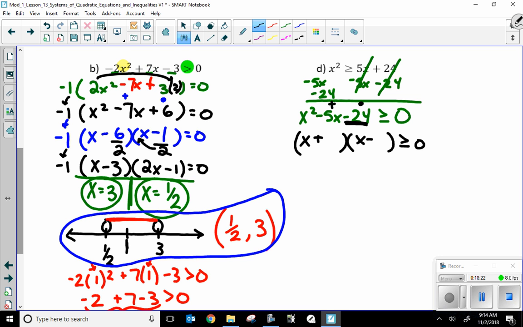Now, you can write a little factor table with all the factors that multiply to 24.